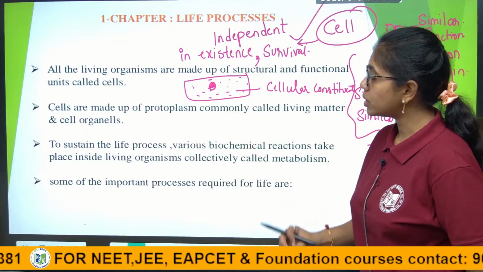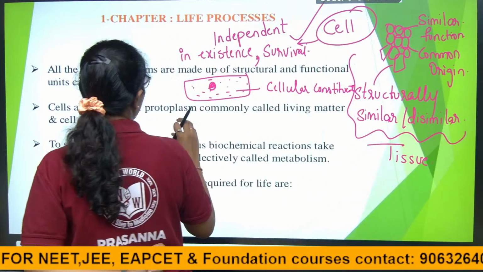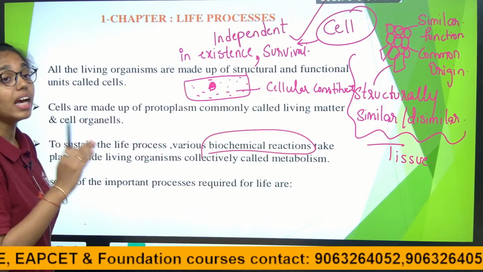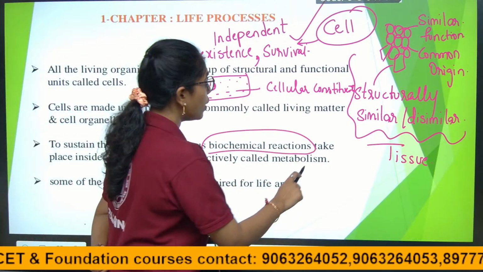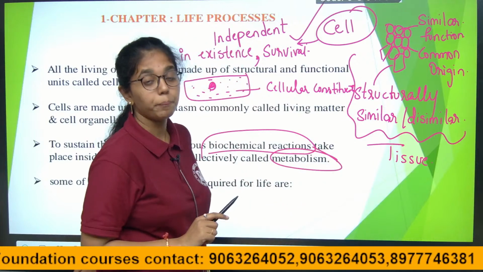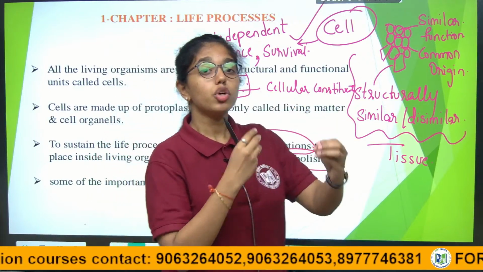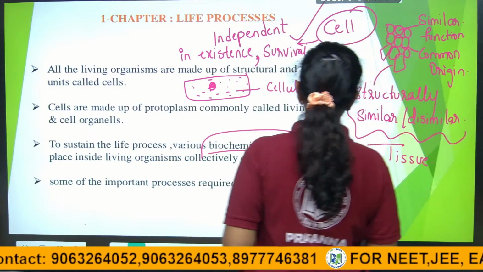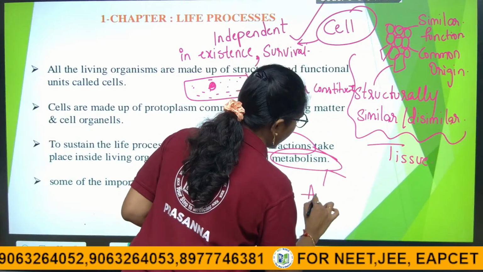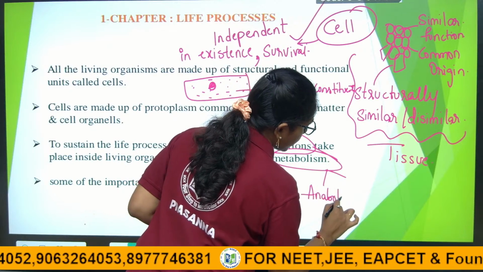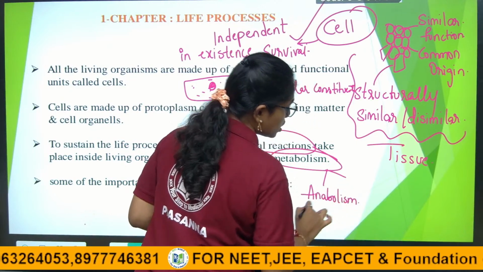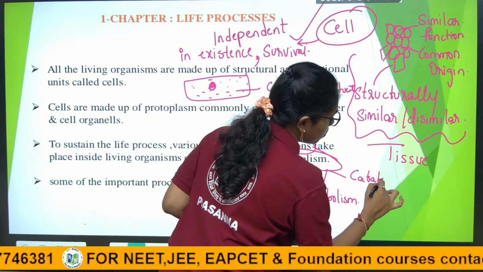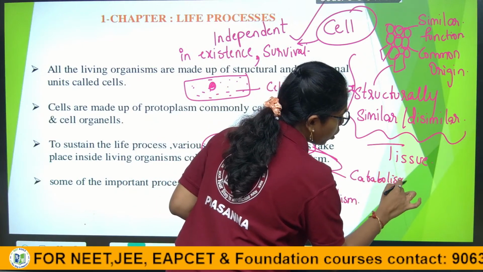To sustain the life processes, various biochemical reactions occur inside each living cell, which we call metabolism. Inside each cell, many biochemical reactions occur, which include both anabolism, meaning the synthesis of food, and catabolism, which means breakdown of food.